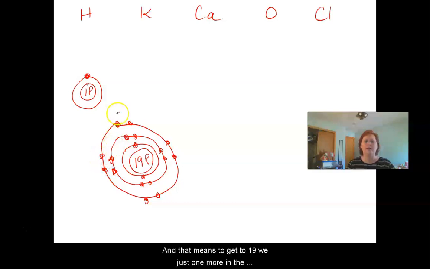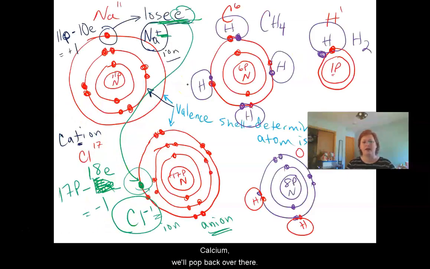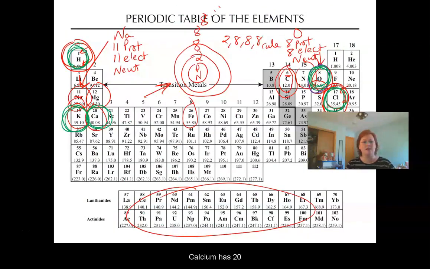And that means to get to 19, we need just 1 more in the outermost shell. There. Now we have an electron configuration for potassium. This one is hydrogen. Calcium, if we pop back over there, has 20 for an atomic number.